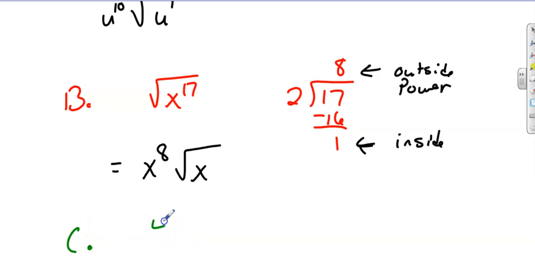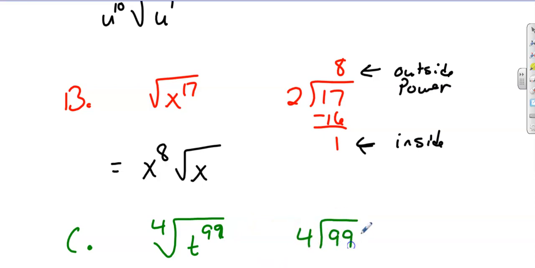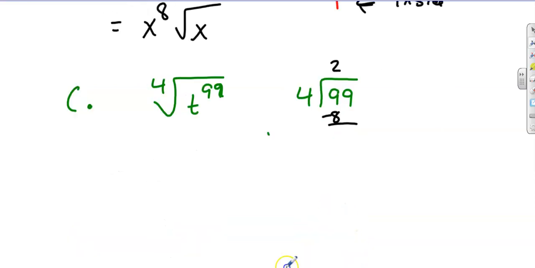Okay, so if they give you something like the 4th root of t to the 97th power, let's go 99. We're just going to divide 4 into 99. 4 goes into 9 2 times, 1 left over. 4 goes into 19 4 times with 3 left over.